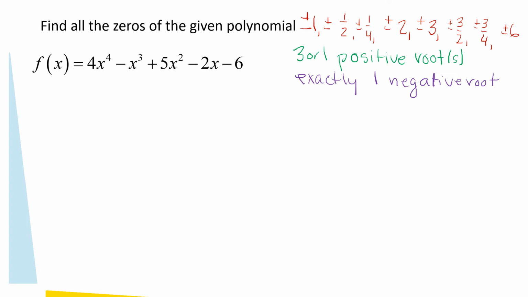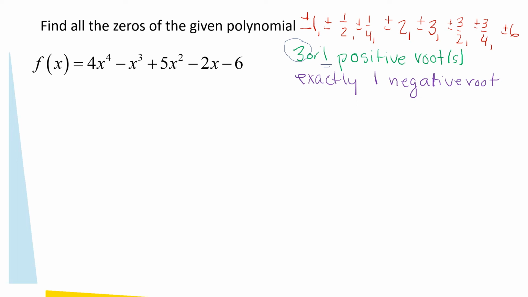So now we know that we have 16 possible rational roots, and of those, one of them is going to be negative, and one of them is going to be positive, and possibly 3 that are positive. If it's not 3, then it would be 1, and the other 2 would be imaginary roots.